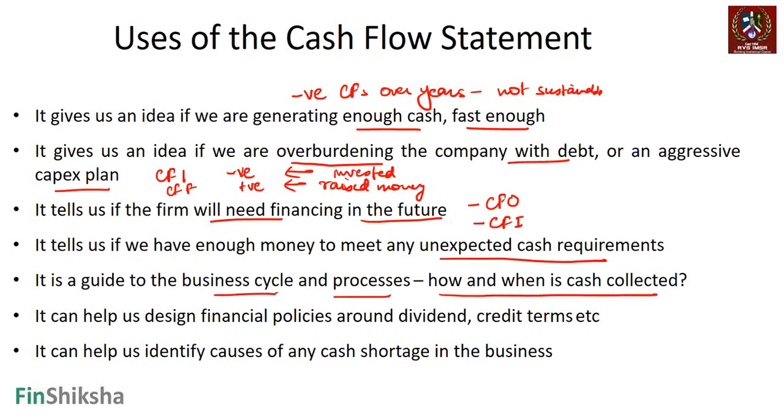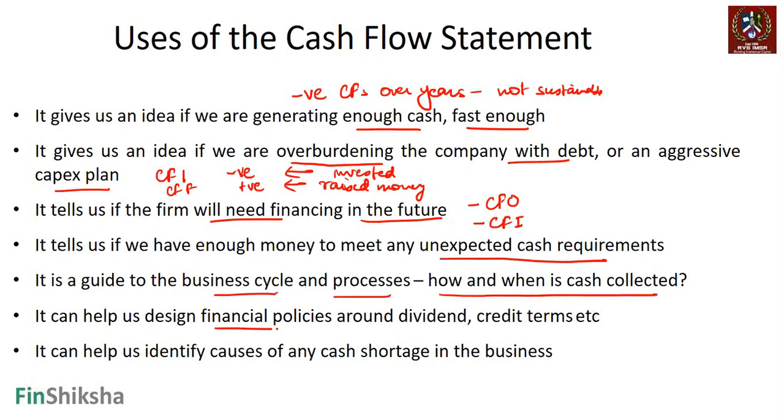So cash flow tells you how much of your sales gets realized from time to time. How much of sales get realized, how much of expenses get paid from time to time. And that gives a guide in terms of how much money you are expected to make given a certain amount of sales and profit.